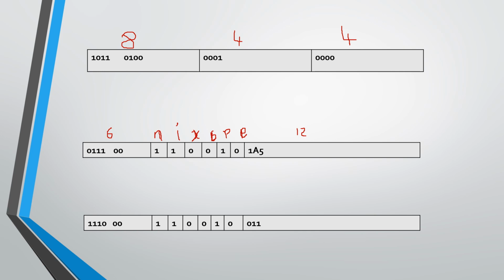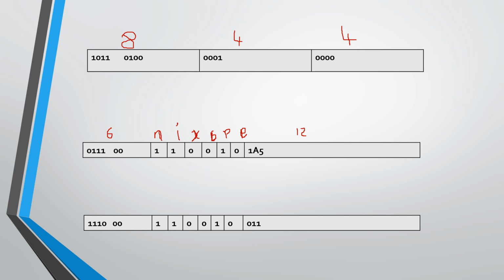As it is direct mode, N is equal to 1, I is equal to 1, and it doesn't contain any register, so X is equal to 0, and B and P values we'll find out later. As it is format 3, E is 0.